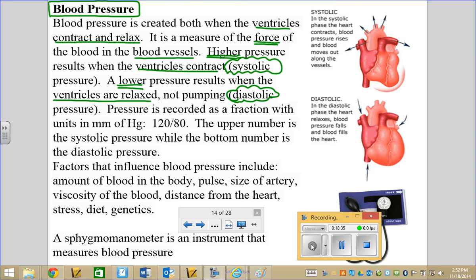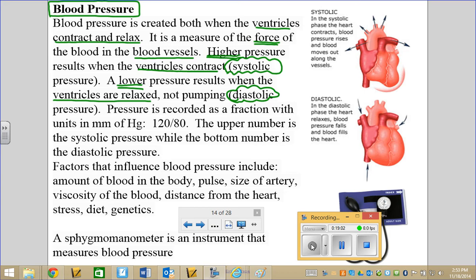So when we're talking about blood pressure, there are a few things that I'd like to show you so you can relate it to what's happening in your heart. The two words, systolic and diastolic, represent two numbers that we would usually use to record your blood pressure. Systolic is always the higher one, and it's the one that goes on the top.